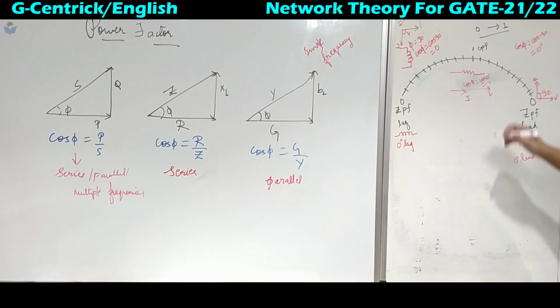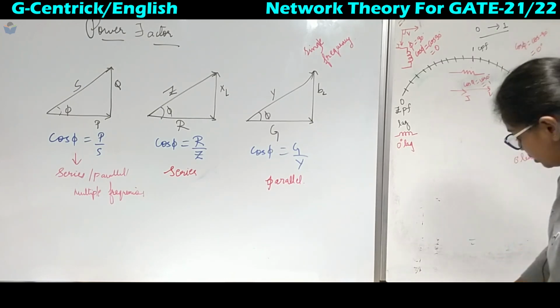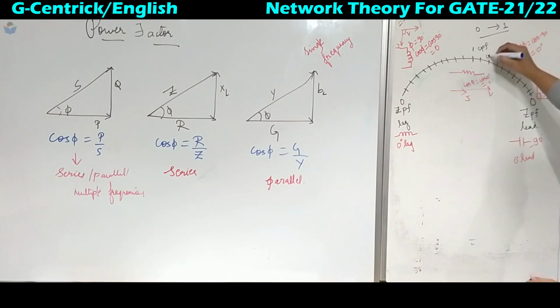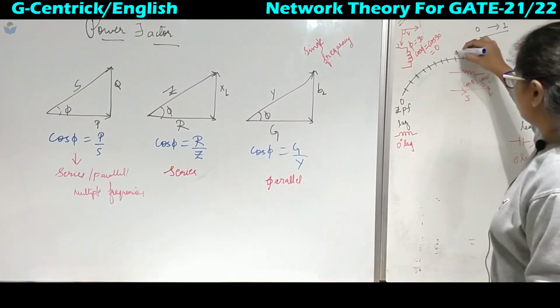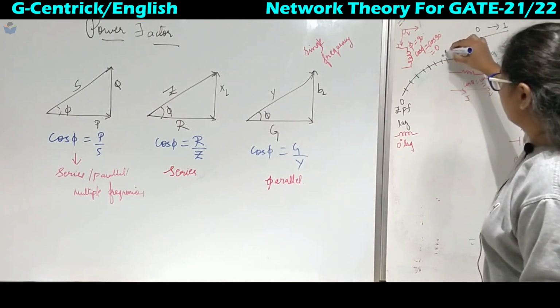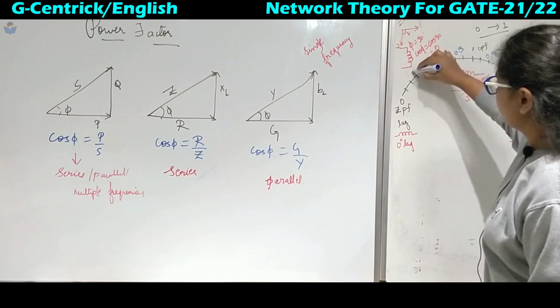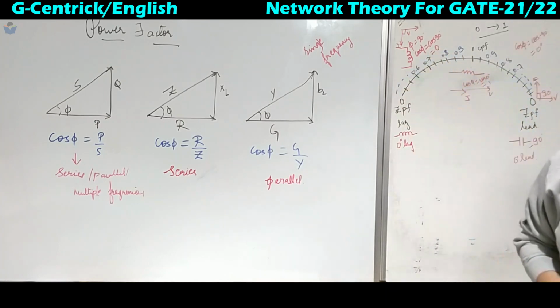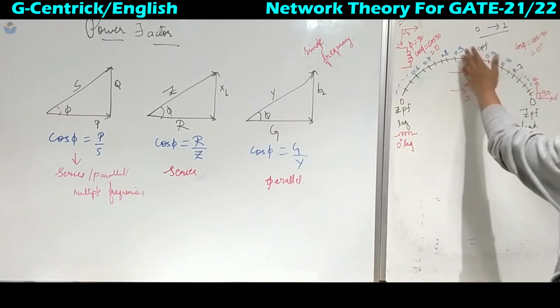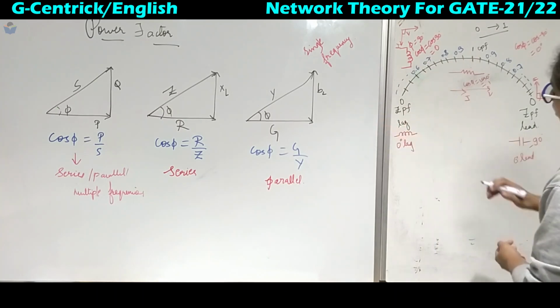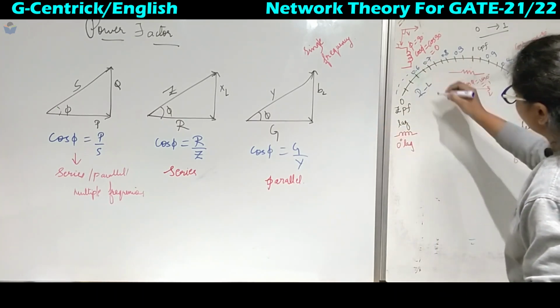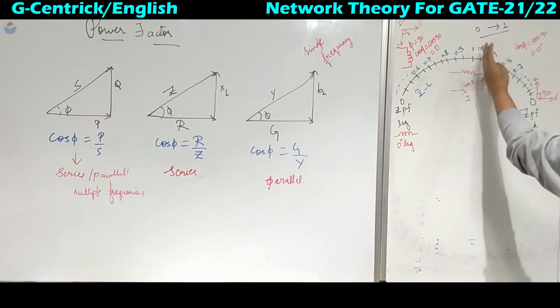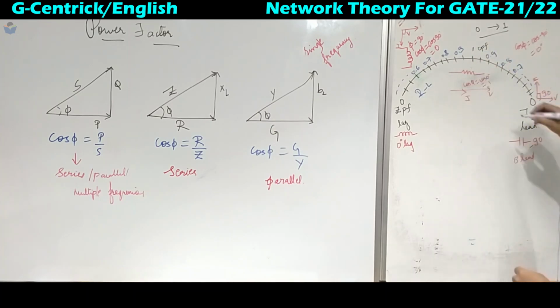Similarly, the points decrease over here: 0.9, 0.8, and it will go on decreasing. Here also the same thing, 0.8, 0.7, 0.6, decreasing. From 1 to 0 on the lag side, it will be an RL circuit. Similarly, decreasing from 1 to 0 on the lead side, it will be an RC network.